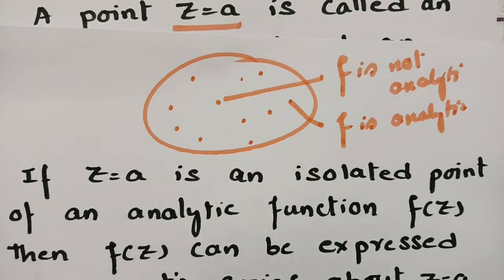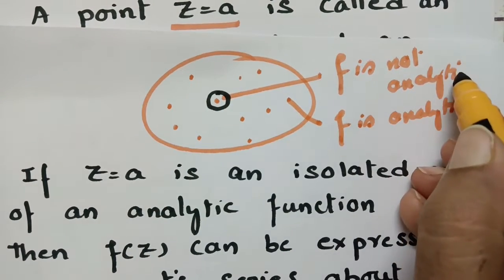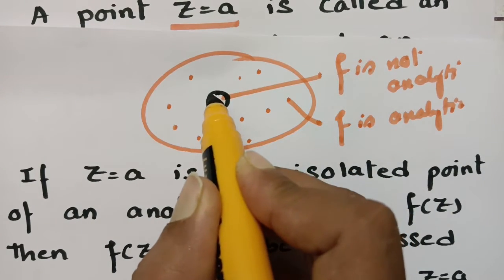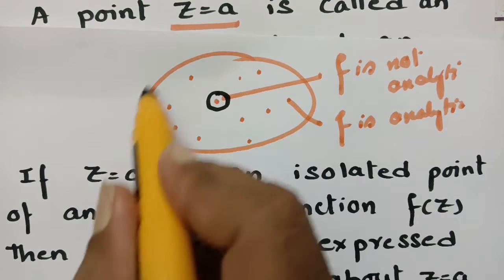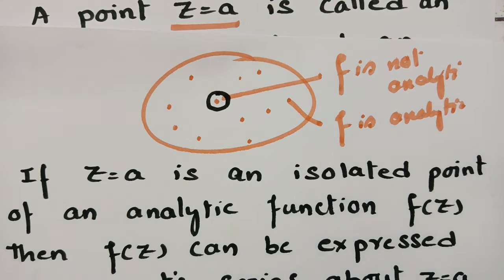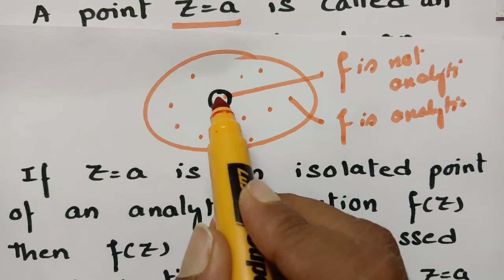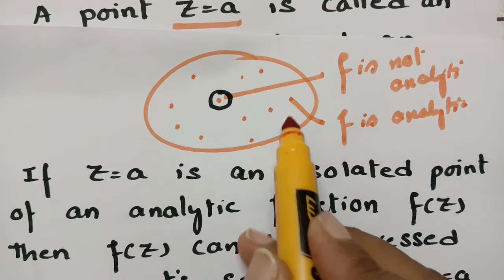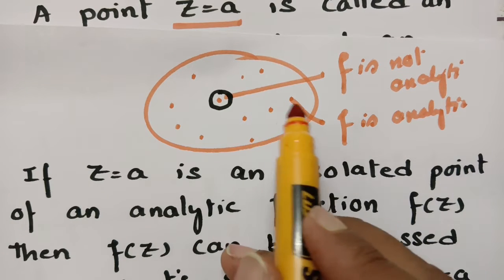If you consider this point, we have to isolate this point as it is not analytic. So isolation is made to this point for which f is not analytic. If you observe this, in the neighborhood it is analytic, at the particular point it is not analytic. This is like concentric circles having the same center and different radii.